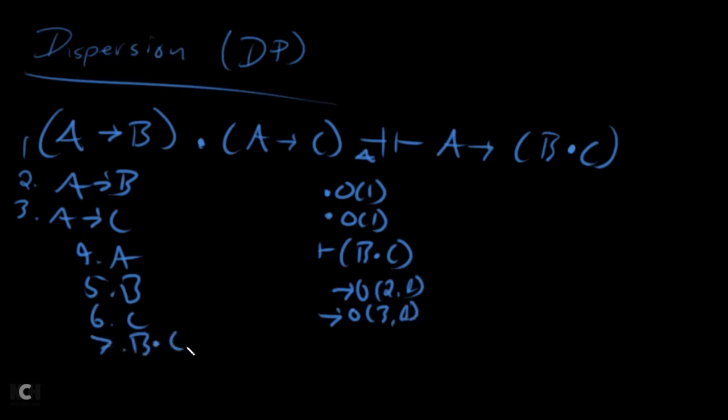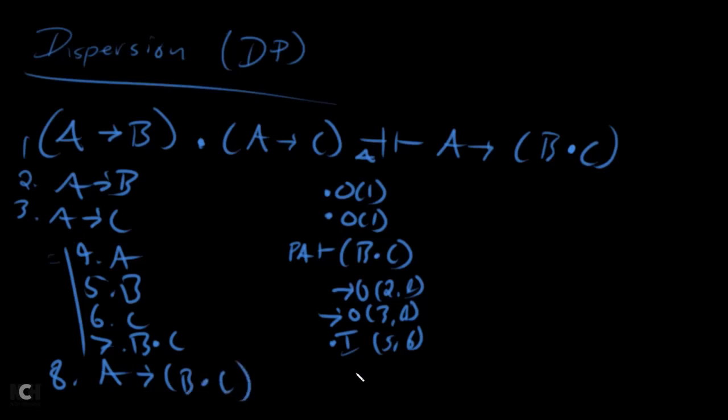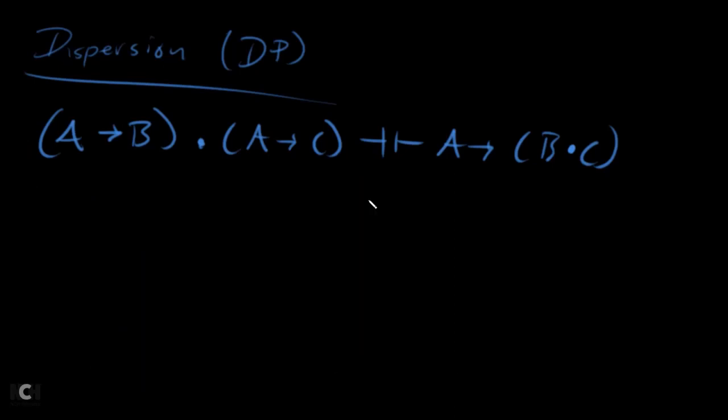B dot C. And in 5 and 6. And so we're able to say here with this provisional assumption that yeah, we zoom out, we can say, yeah, you got A, you can get B dot C. Arrow in, 4 through 7.